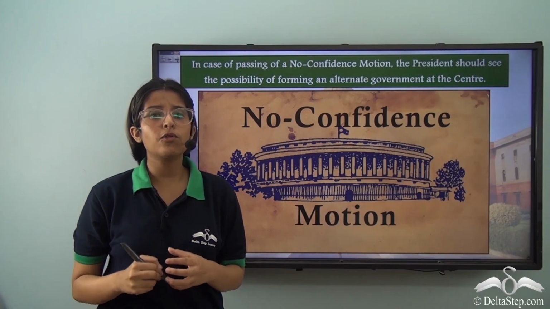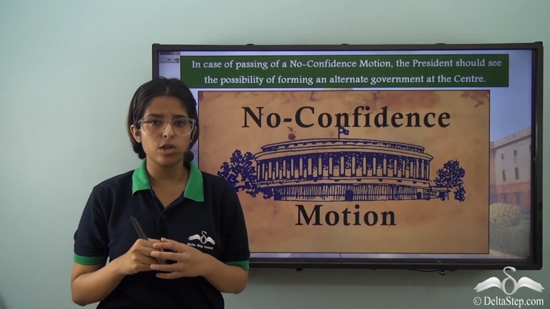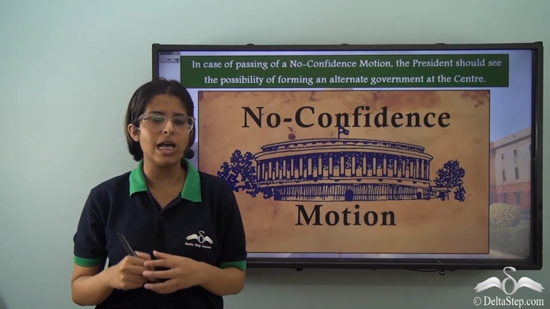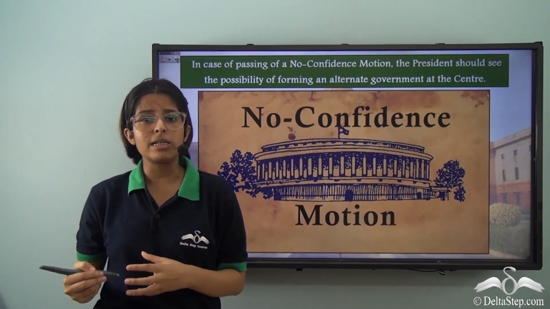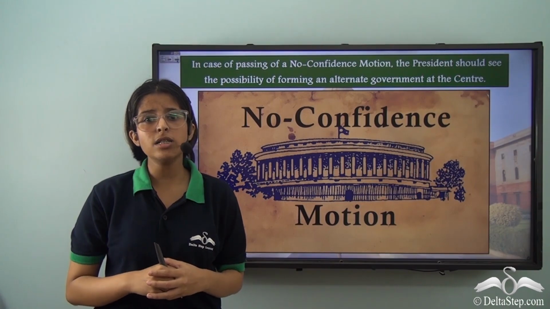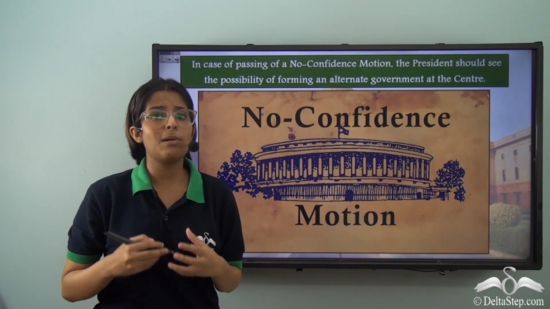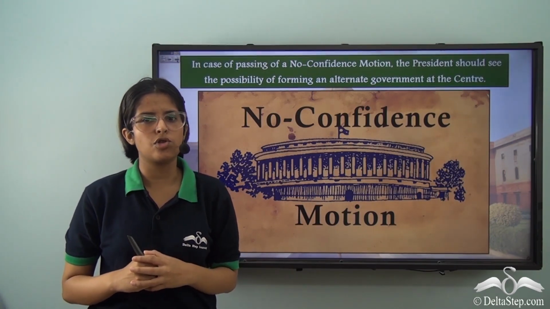You must have heard about the no confidence motion. When the no confidence motion is passed in the Lok Sabha, the entire ministry has to resign. But in certain cases, the Prime Minister, instead of submitting his resignation, might ask the President to dissolve the Lok Sabha instead. In such a situation, the President has to use his discretion.